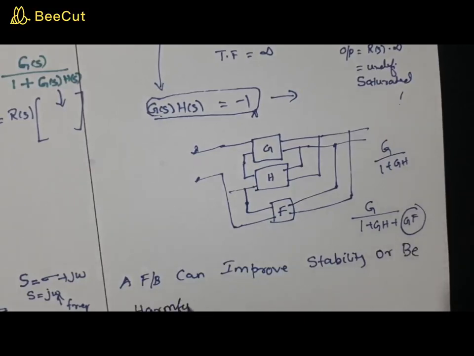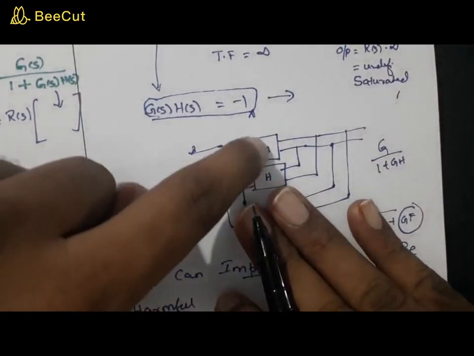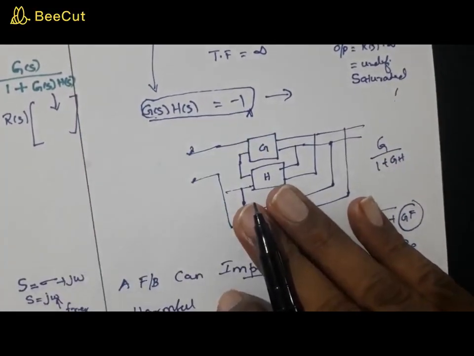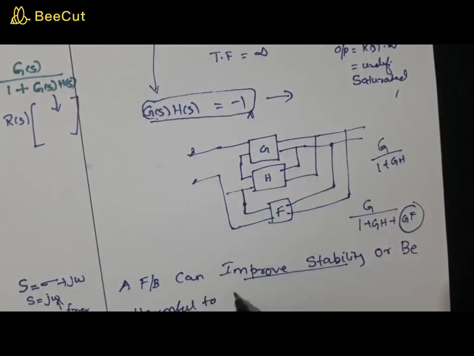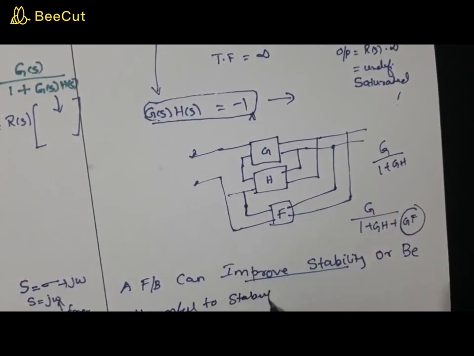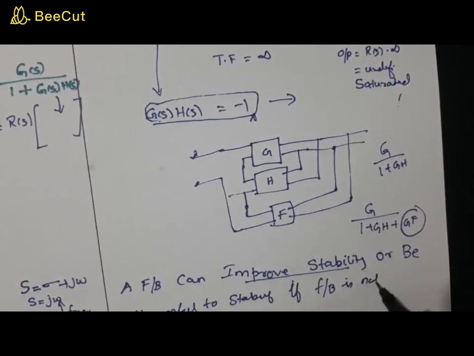It has two effects. It can either improve stability, which is what I explained here, or it can be harmful, which is what I explained by these two. It can be harmful to the stability if the feedback is not properly applied.